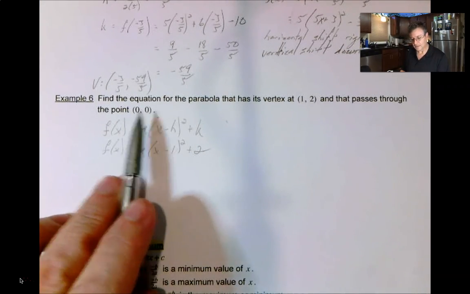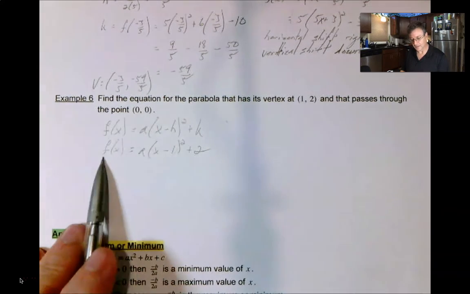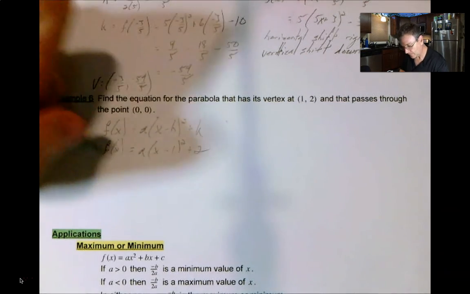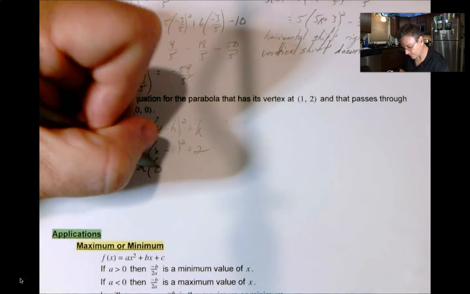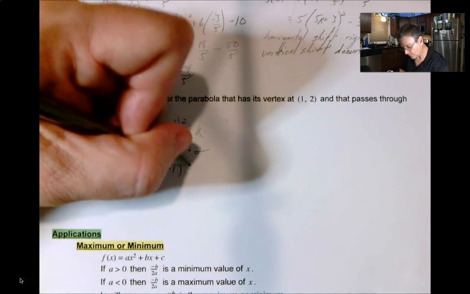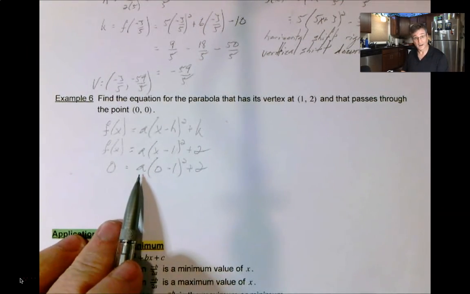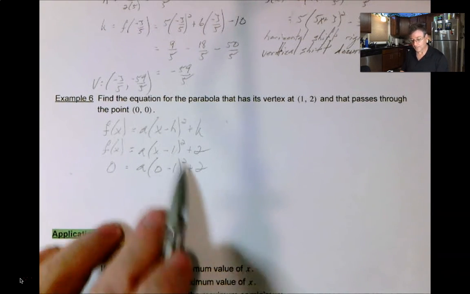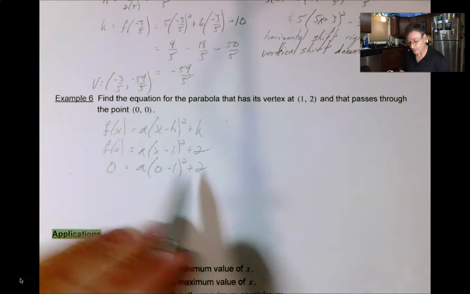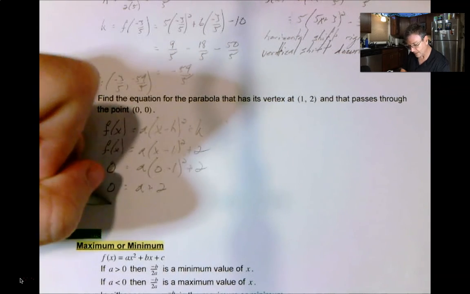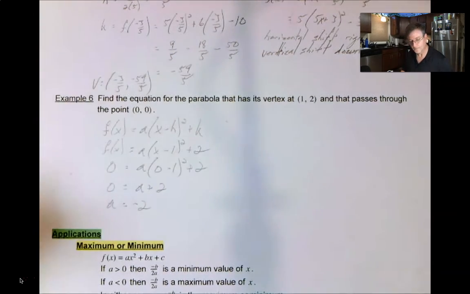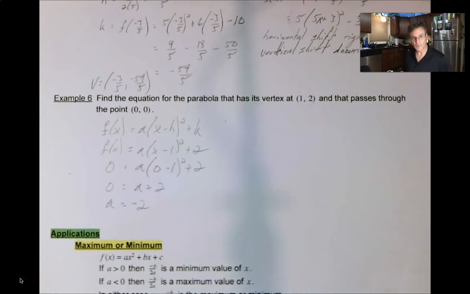Plug in 0 for the x and 0 for the f of x. 0 equals a times 0 minus 1 squared plus 2. Our goal is to figure out what a is now. So this is just a plus 2. 0 equals a plus 2. A equals negative 2.